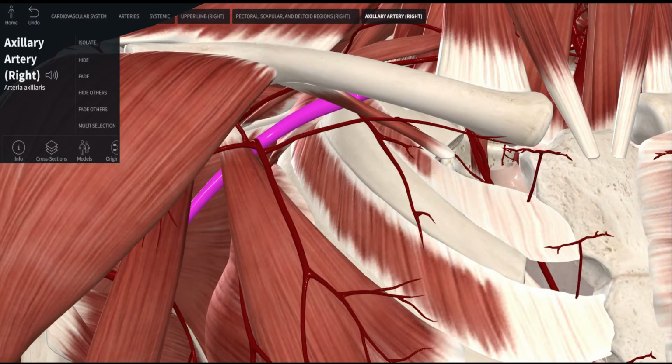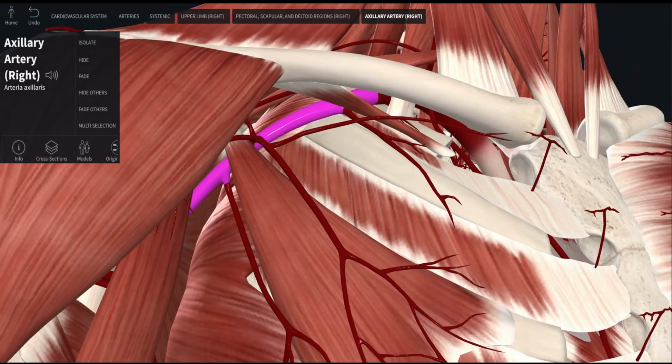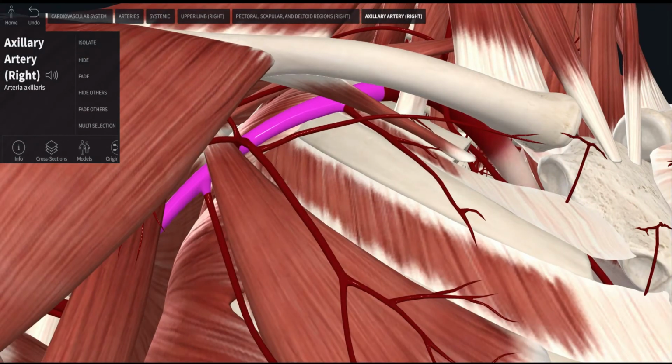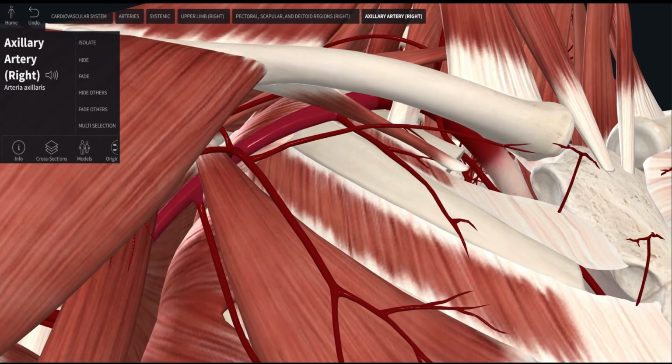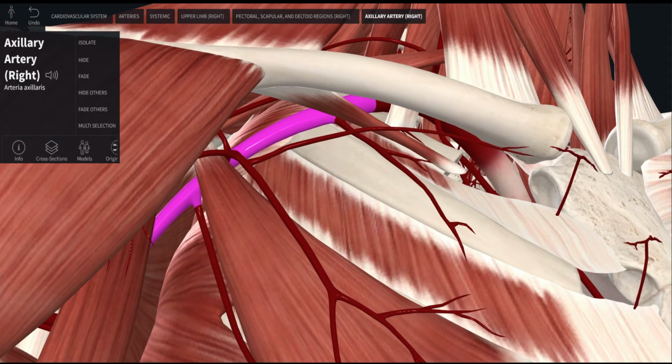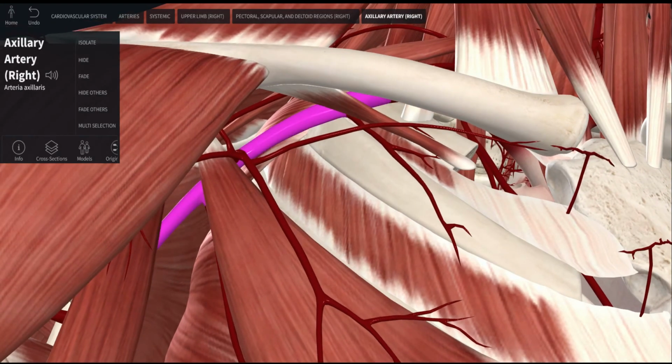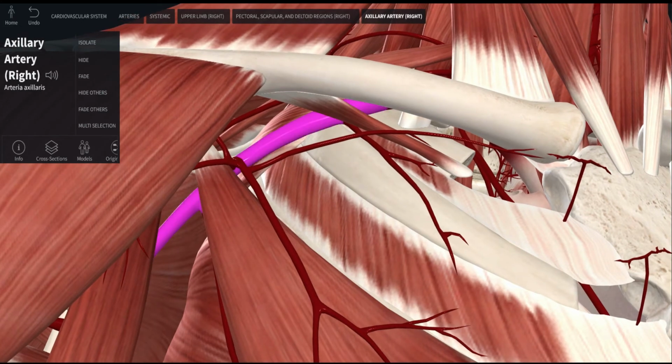Now, what about the posterior relations for the first part? As you can see over here, the first part is crossing the ribs, and within the ribs there is, obviously we know, a muscle called the external intercostal. So very specifically speaking, the posterior relation for the first part of the axillary artery will be the first intercostal space along with the external intercostal muscle.